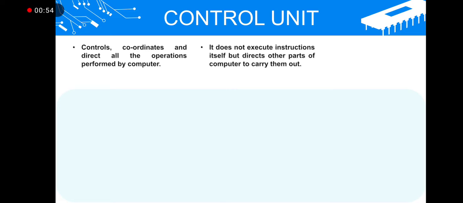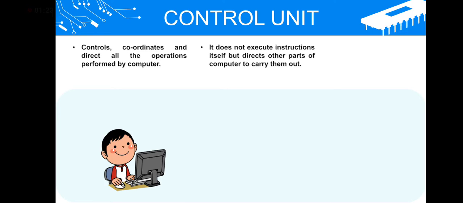This means that control unit controls all the instructions that we enter into the computer, and it directs other parts of the computer to do this and that. That means like every instruction of a human goes to the brain, and then the brain controls every part of the human body. Similarly, the control unit directs every part of the computer.